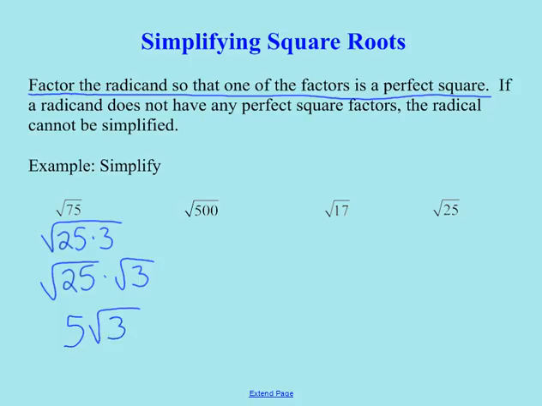In fact, the square root of 3 is an irrational number, so its decimal form is never terminating, never repeating. We would much rather write it as the square root of 3 than a never terminating, never repeating decimal. So in the end, the square root of 75 simplifies to 5 square roots of 3.